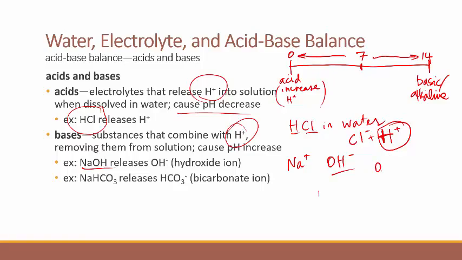If we take the hydroxide ion, OH minus, and we react it with a hydrogen ion, what do we get? Hopefully you realize that you get OH and an H, which is the same thing as H2O. So when you react a hydroxide ion with a hydrogen ion, you wind up with water as your product. Very cool.